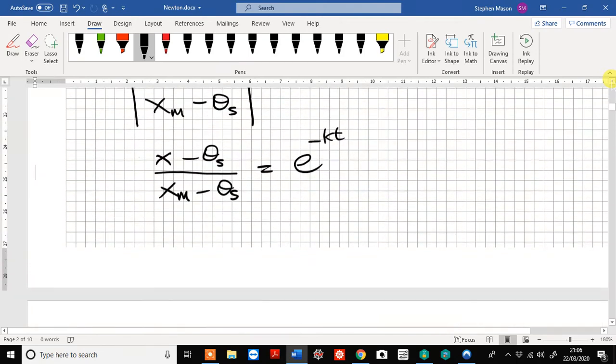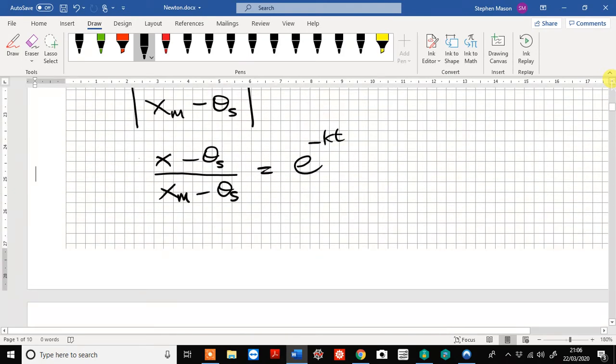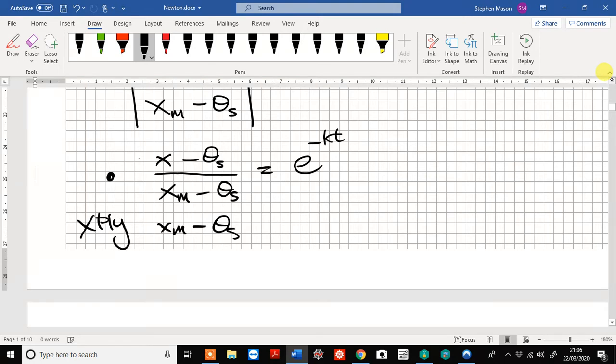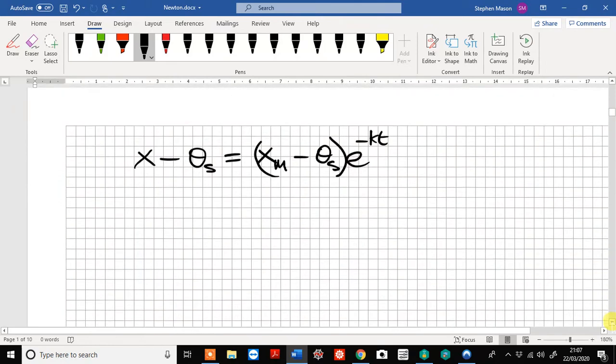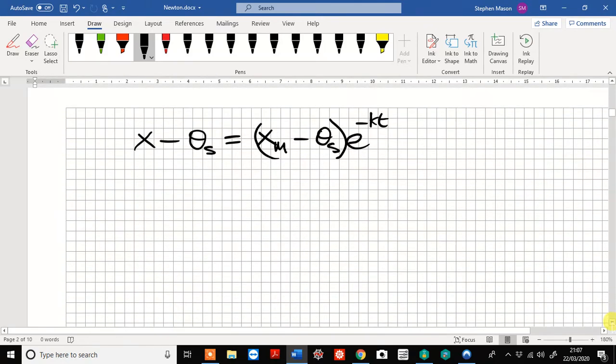I've multiplied both sides of this equation by xm minus theta s, giving us this.